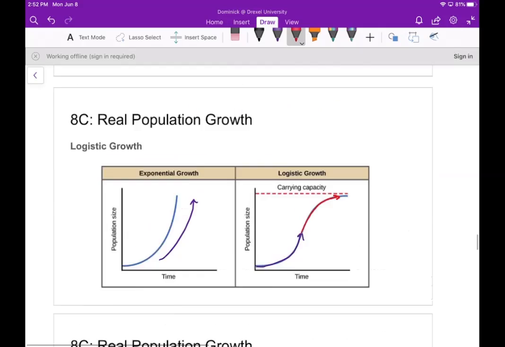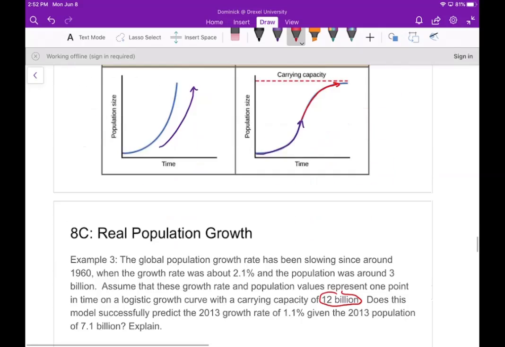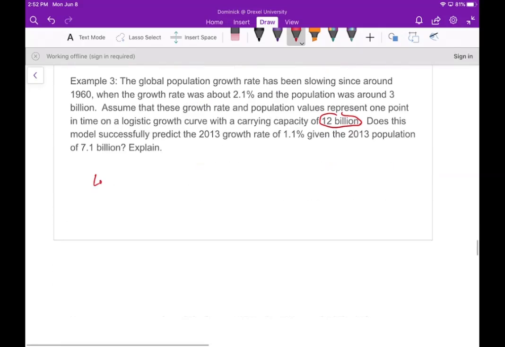So we want to use our logistic growth rate formula. We'll call this the logistic growth rate, and that's equal to R, which is our base growth rate, times 1 minus the population over the carrying capacity.